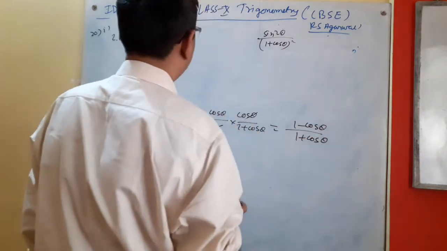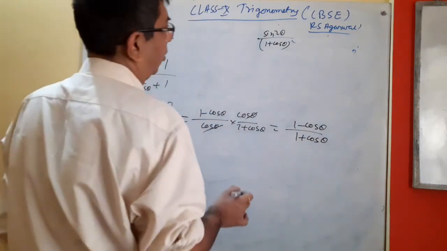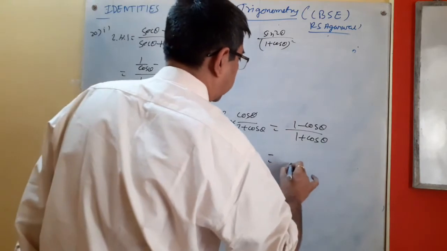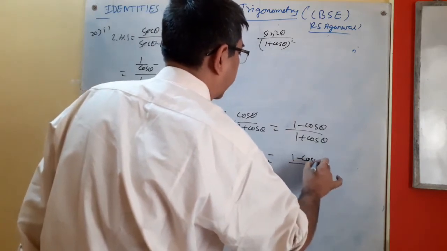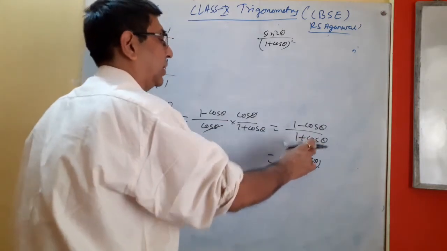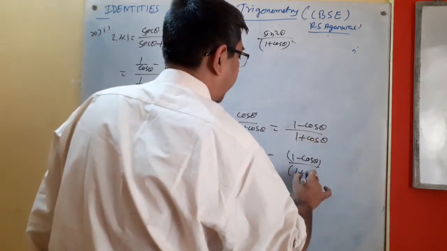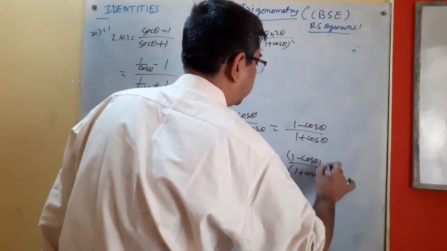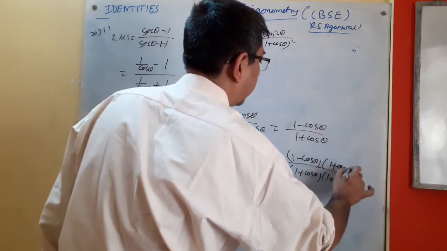Okay. Now what we are doing? We have to go for sin square theta. So multiplying both sides, look, we need (1 plus cos theta) whole square, but there is only 1 plus cos theta. So multiplying numerator and denominator by 1 plus cos theta. Right?